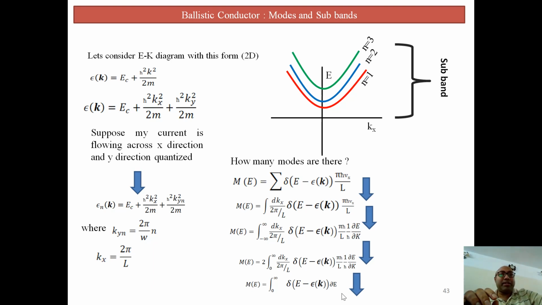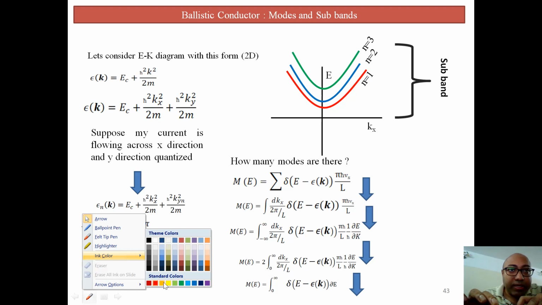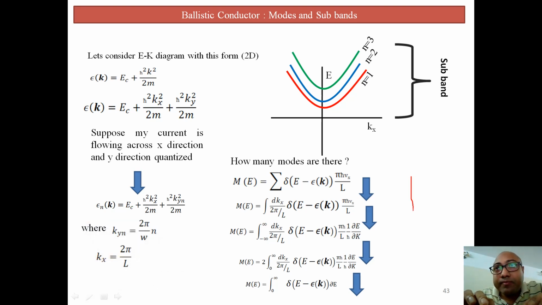What does it mean? This is the meaning. This is my delta function, and this is my energy level.